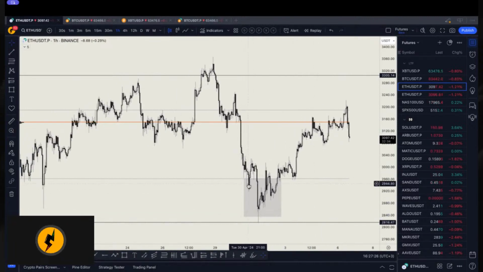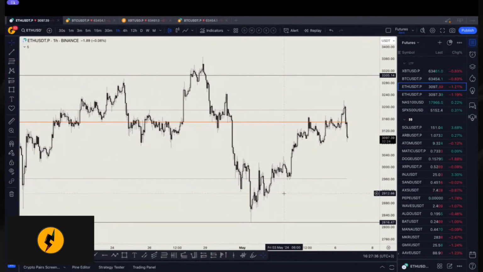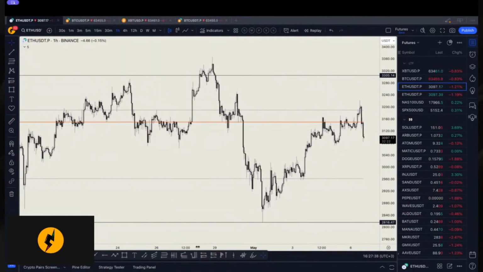So since we are deviating and the price is at a discount, I can look for a long. This is probably a better example. So what I do is I mark the low, and then the next step for me is that I would look for the most recent range that created the low, which is this one.